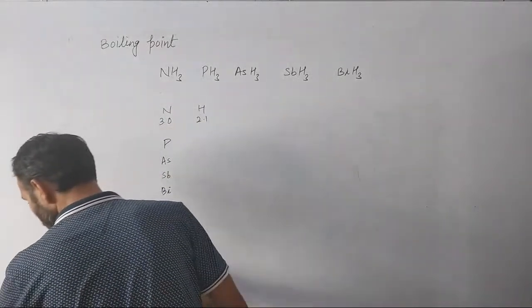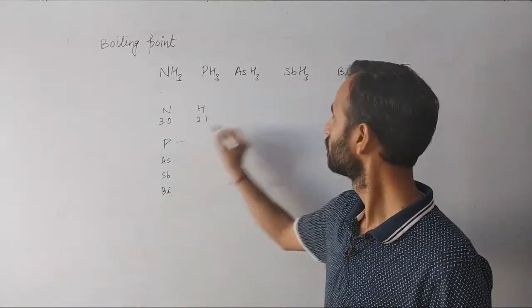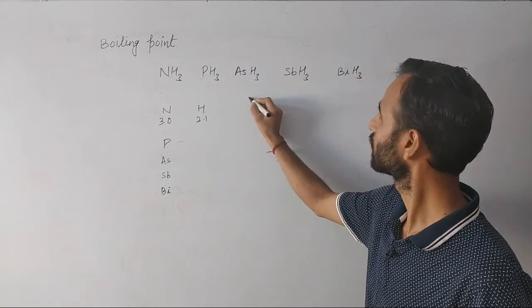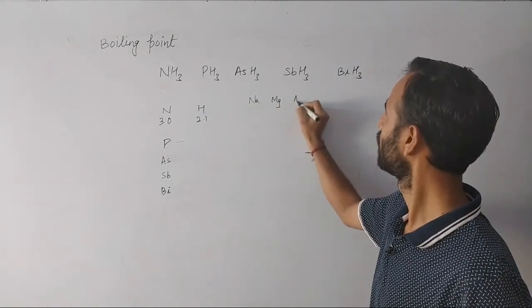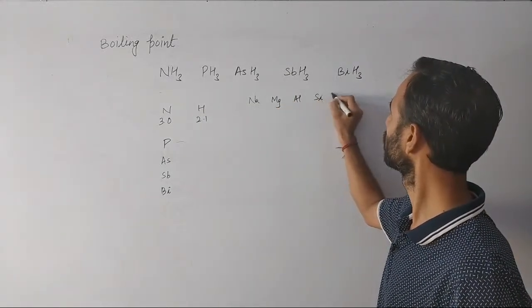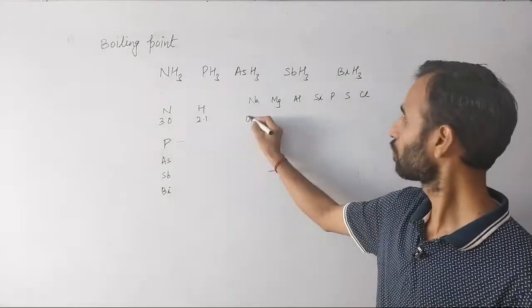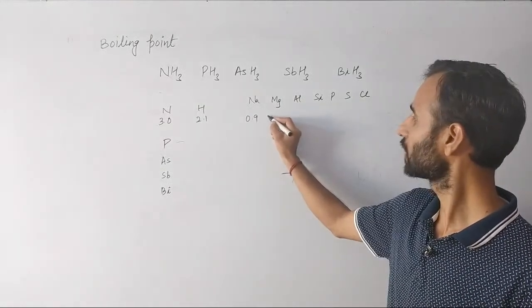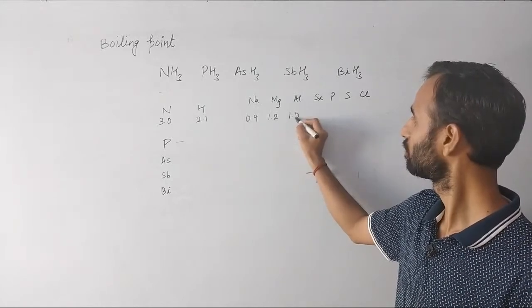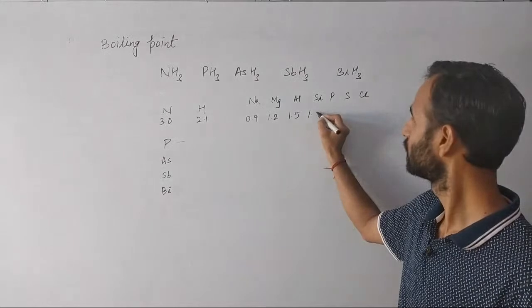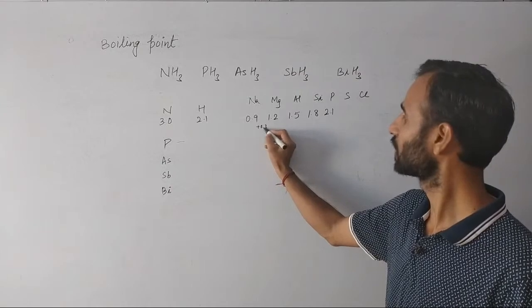Keep in mind, you can predict the electronegativity of phosphorus like this: sodium, magnesium, aluminium, silicon, phosphorus, sulfur, chlorine. It is like 0.9, add 0.3, 1.2, 1.5, 1.8, 2.1, just add 0.3.